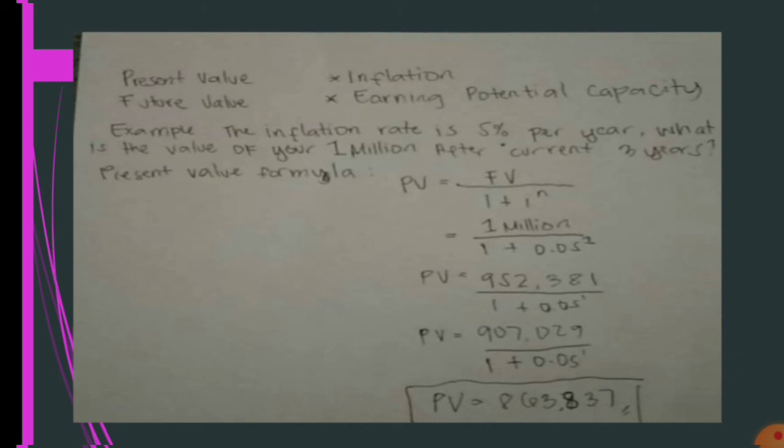I-divide ulit natin to 1 plus 0.05 to the power of 1. Ang present value natin sa current 3 years sa 1 million after is 863,837 pesos. So, ayan na yung current 3 years natin sa 1 million after.